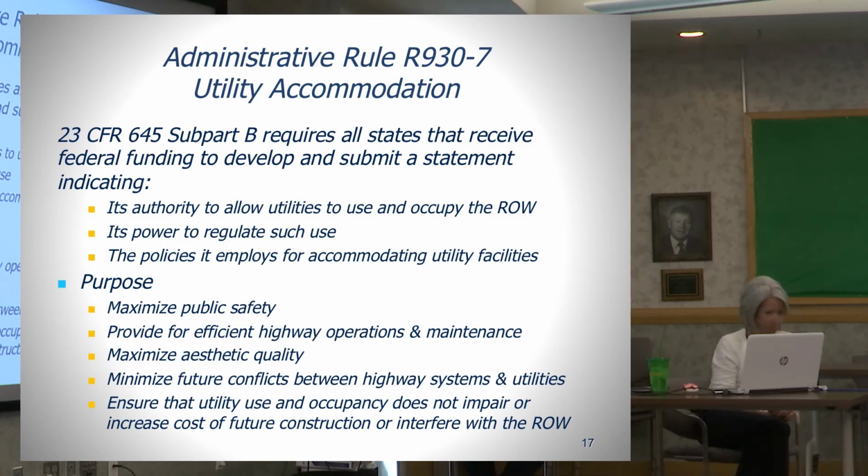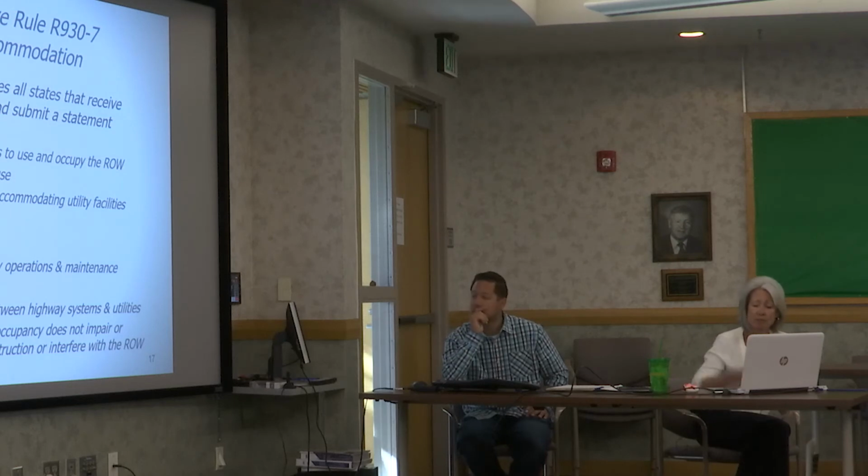The purpose of the rule is to maximize public safety, provide for efficient highway operations, maximize aesthetic quality, minimize future conflicts between the utility facilities and the highway systems, and to ensure that the utility use doesn't impair or impede the higher purpose, the transportation purpose of the right-of-way.